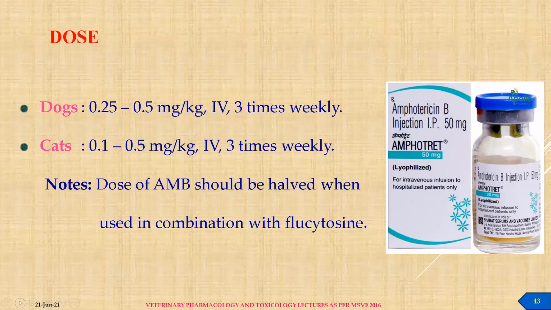So direct IV should not be encouraged. And the dose of amphotericin B should be reduced to half when used in combination with flucytosine, because both of them act in a synergistic pattern.